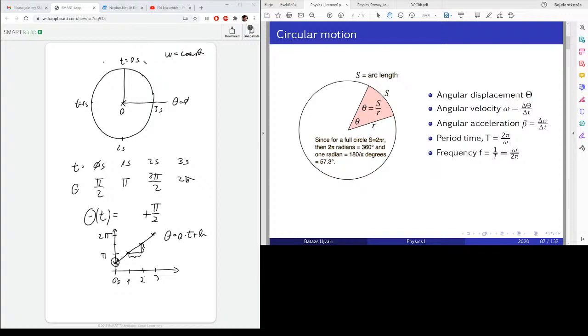So that will be pi over 2 times t plus pi over 2. Let's check it. For example, theta at t equals 2 is pi over 2 times 2 plus pi over 2, which is 3 pi over 2, and that's exactly what we have here. Alright, so that's how you should solve it.